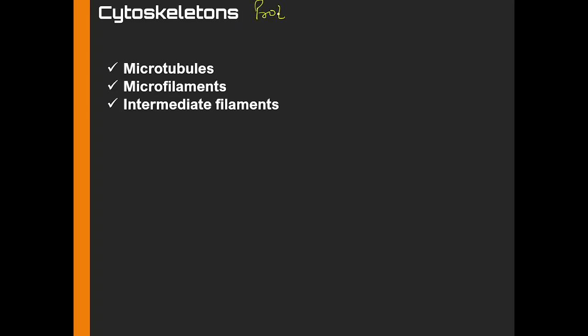If you look at the different types of cytoskeleton proteins, they are classified into three types: microtubules, microfilaments, and intermediate filaments. Microtubules consist of tubulin proteins, microfilaments consist of actin proteins, and intermediate filaments involve several different proteins.